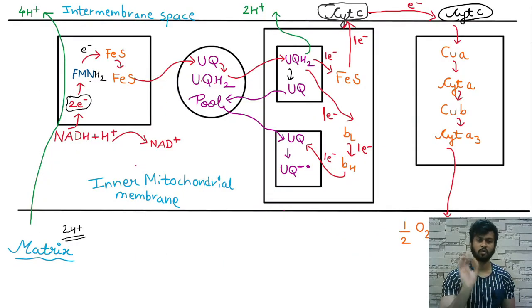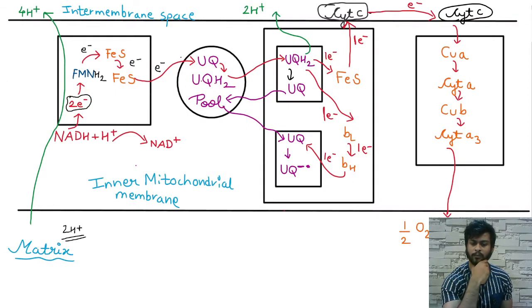So FMNH2 has transferred one electron to FeS. This electron will again pass to the next FeS. From FeS, the electron will go and enter the ubiquinone pool.